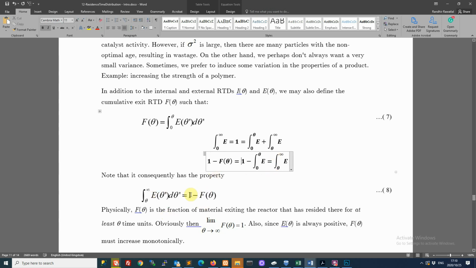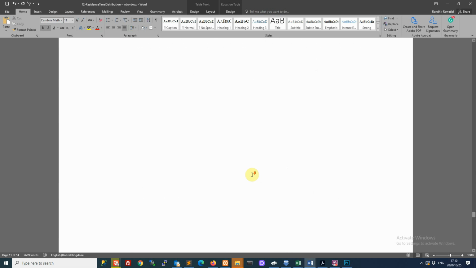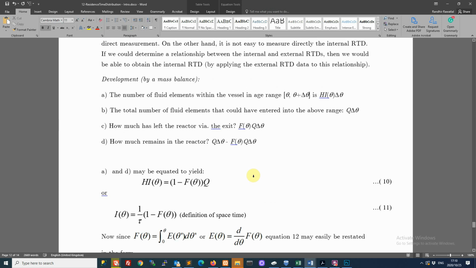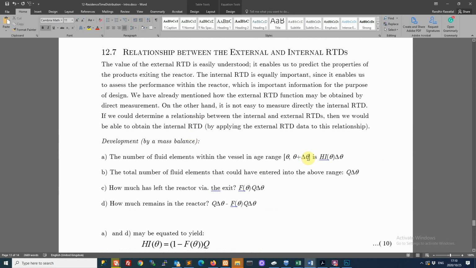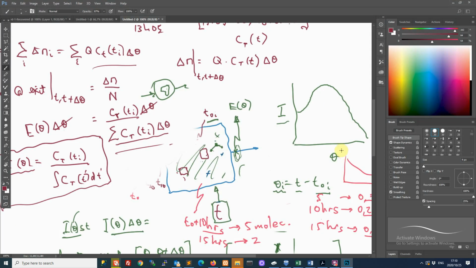So that's what that means. If you want the fraction of fluid elements of age at least theta, then that's what you have. So anyway, that's all rather formal. Let's again think about a material balance around this. So having established that, let's think about fluid elements in some vessel. Let's just clean up here a bit.